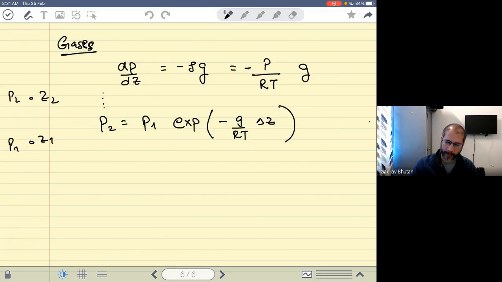Okay, so there's an exponentially decaying pressure as you go up. If delta Z is 0, then e to the 0 is 1, so P2 is P1, which makes sense. But as you go further up from P1, then you will see that P2 will decrease.